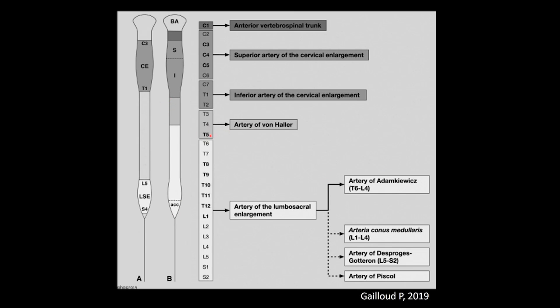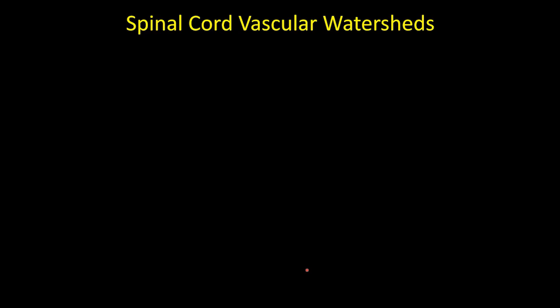Then there will be one that supplies the more superior spinal cord at the thoracic level, which is sometimes called the artery of von Haller. And then we will have one or two other dominant radiculomedullary arteries, usually arising from the vertebral artery, supplying the upper part of the spinal cord.